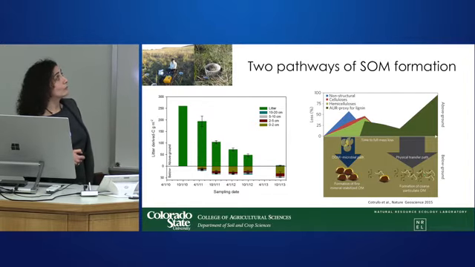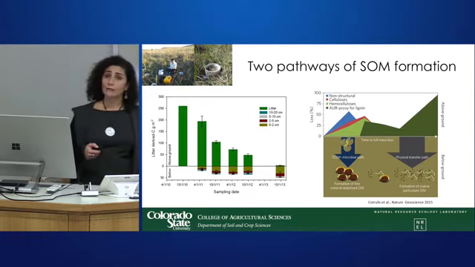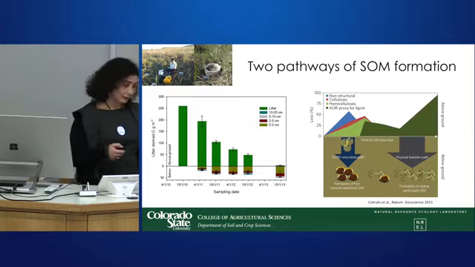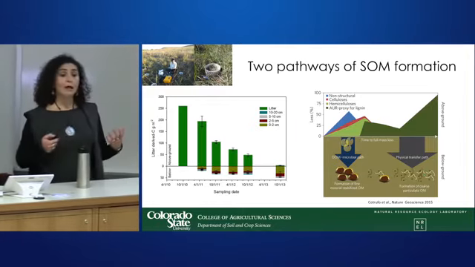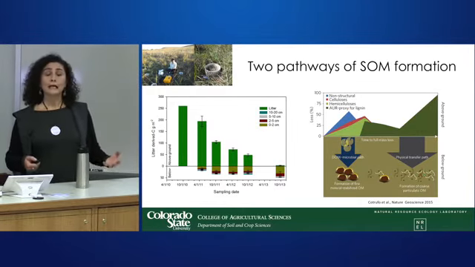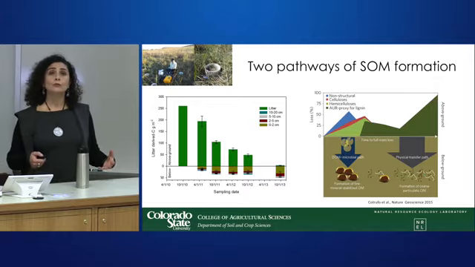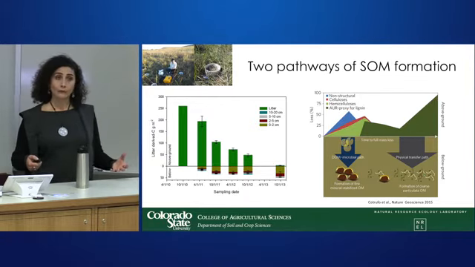And then we found the formation of mineral-associated organic matter very early on in the silt and clay fraction. Only later, when lignin was lost, we started seeing the formation of the light fraction. And putting together that information, I propose that soil organic matter forms through these two distinct pathways.